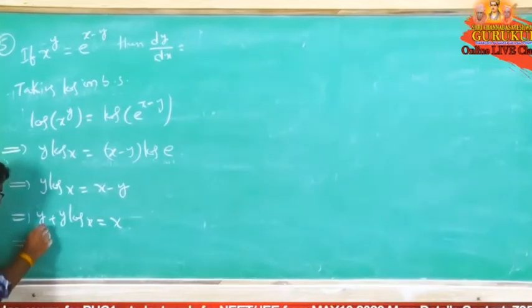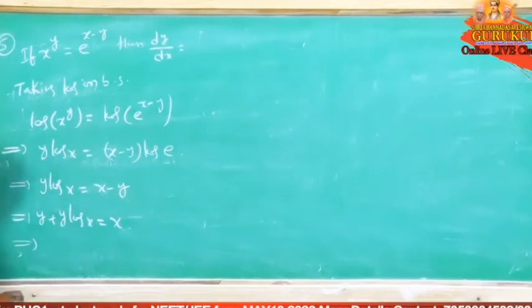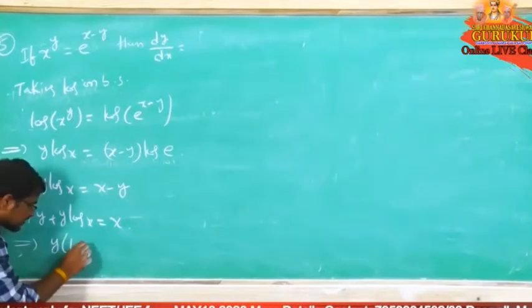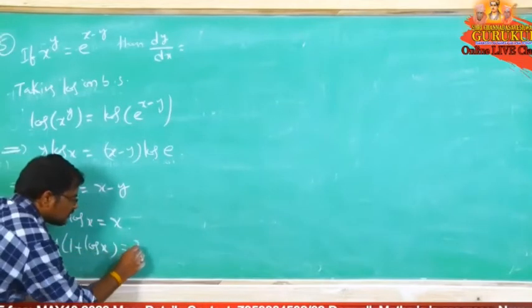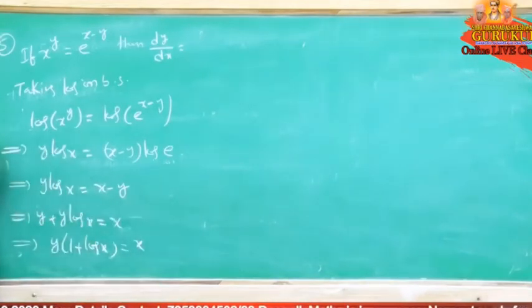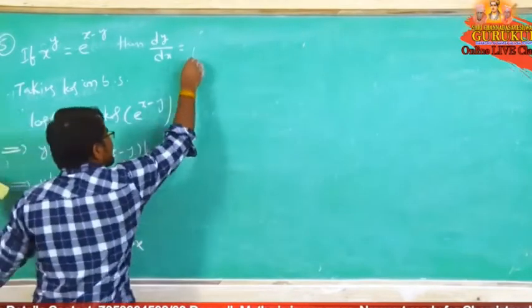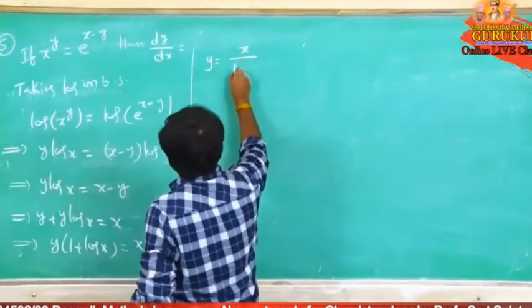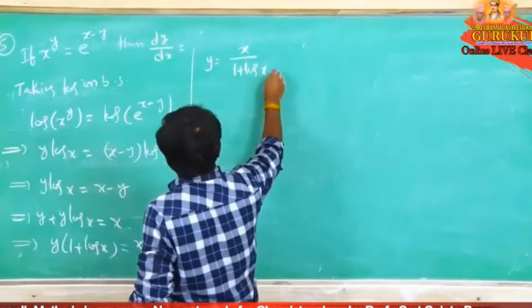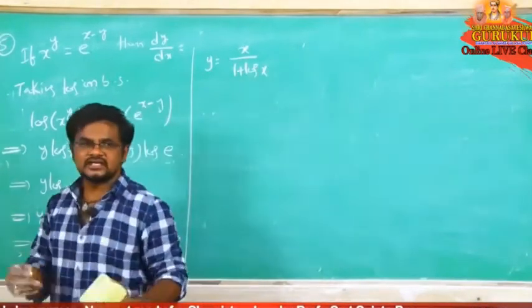Now from this one, what is common? y. If you take y common, y into 1 plus log x equal to x. That implies y equal to x by 1 plus log x. Now easily you will get dy by dx.